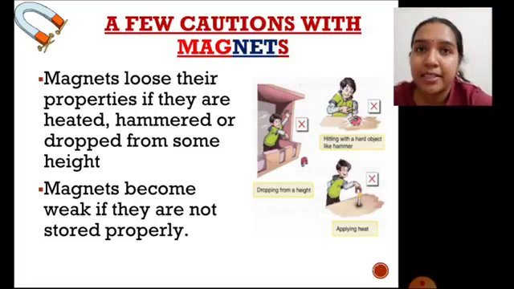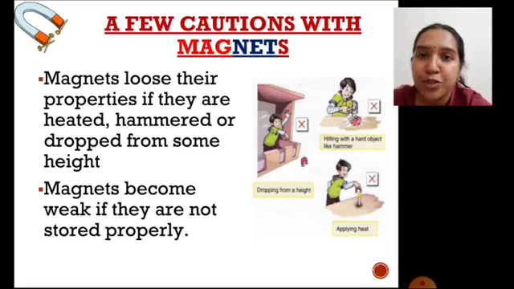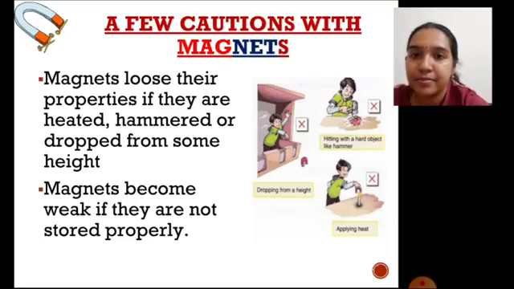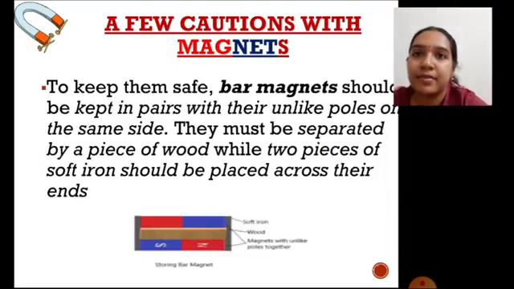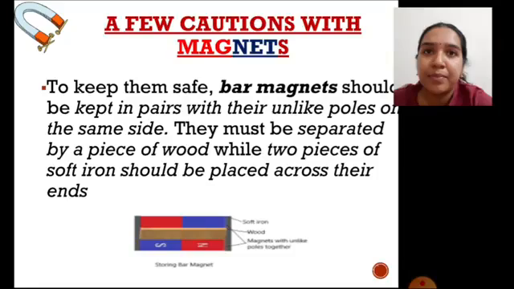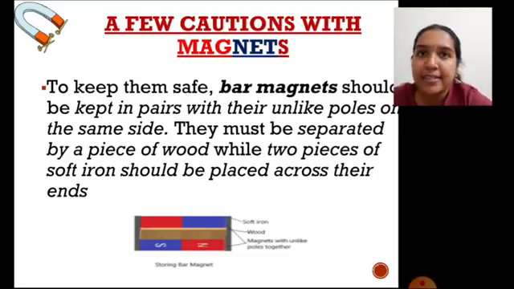There is a method or procedure to store these magnets, as they become weak when they are not stored properly. The procedure to keep the bar magnets safe is to take a pair of bar magnets and keep them in pairs with their unlike poles facing the same side.